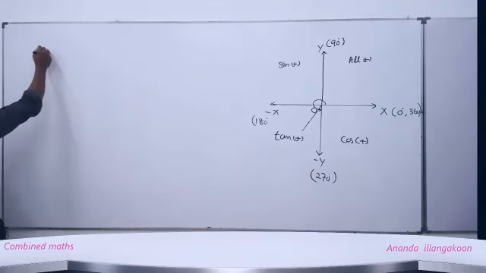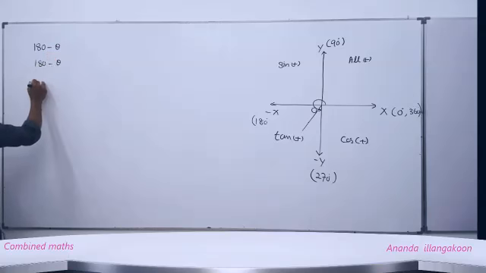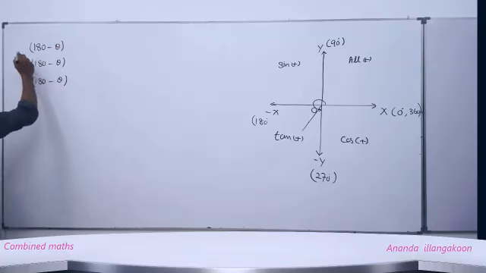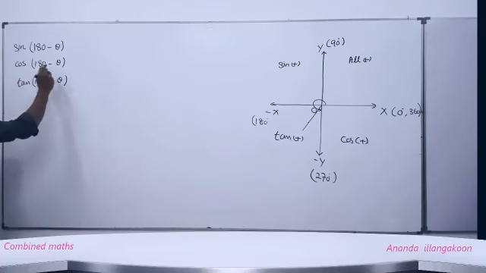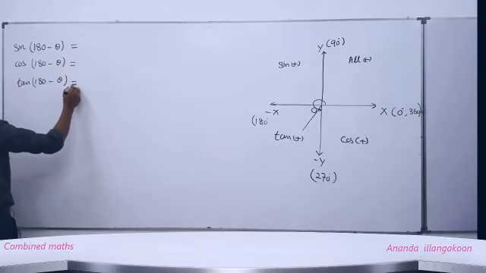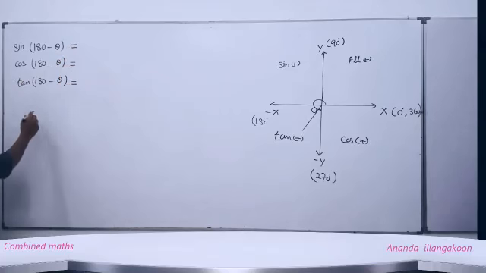Right, people. First, I am going to take the 180 minus theta angle. Second quadrant, no? This is in the second quadrant, right? For this angle, people, we write the sine ratio, cos ratio, tan. Right. Next angle is 180 plus theta.